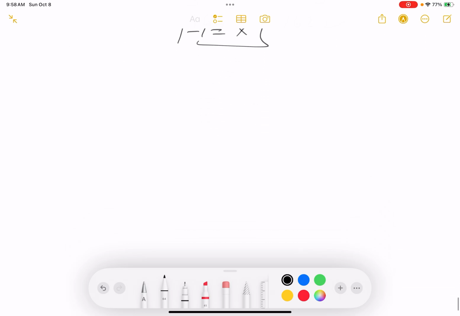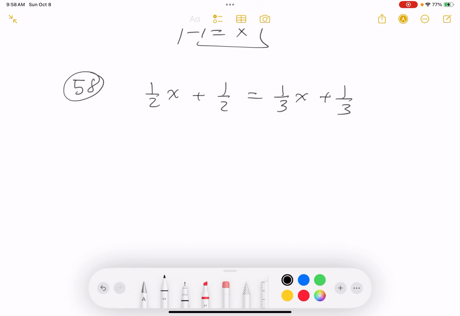Let's go to 58, I mean. What's 58? Oh, a bunch of fractions. 1/2 of an x plus 1/2 equals 1/3 of an x plus 1/3. All right? So I would recommend, again, multiply both sides by the LCD. What's the LCD? It's 6. 6 times that side, 6 times this side.